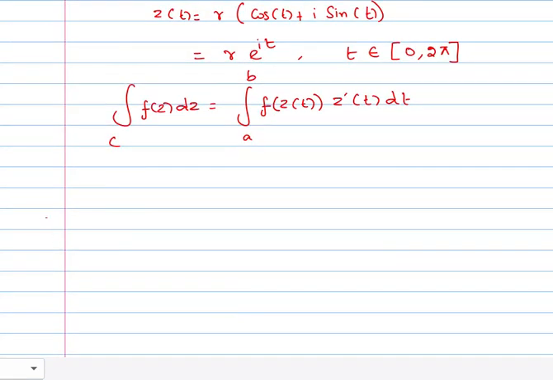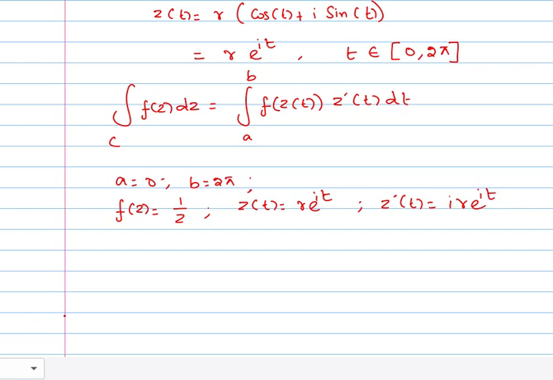In our problem, a equal to 0, b equal to 2 pi, f of z equal to 1 over z, and z of t equal to r times exponential of it. Then z prime of t is I times r times exponential of it.